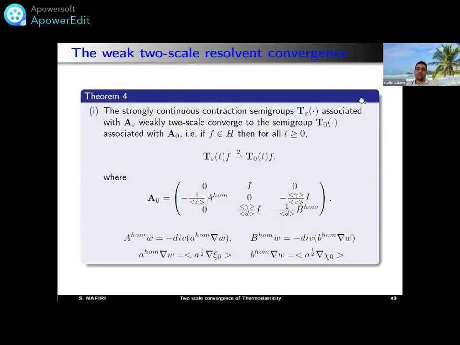The last theorem that gives us this limit operator is stated here. We started from a family of semigroups T epsilon generated by E epsilon, and we used the weak version of the Trotter-Kato theorem in order to get this convergence of the family T epsilon to T0. The resulting operator E0 is just this operator. This symbol means the mean of these functions.